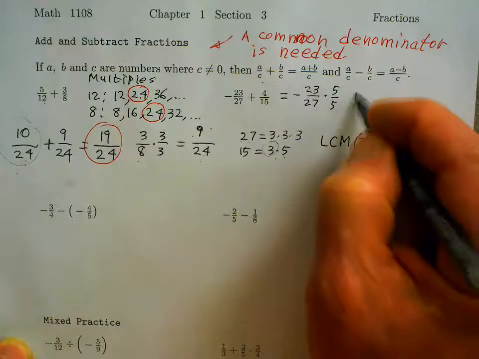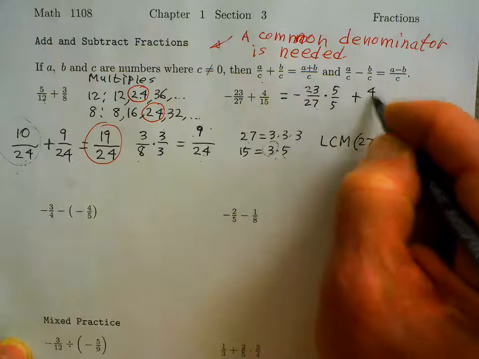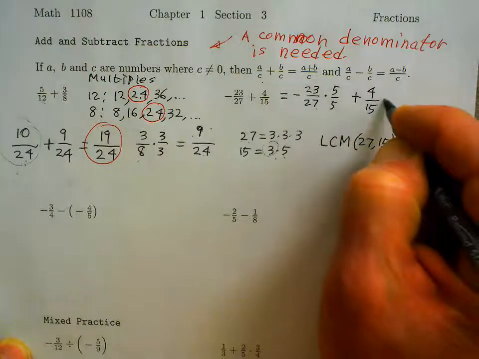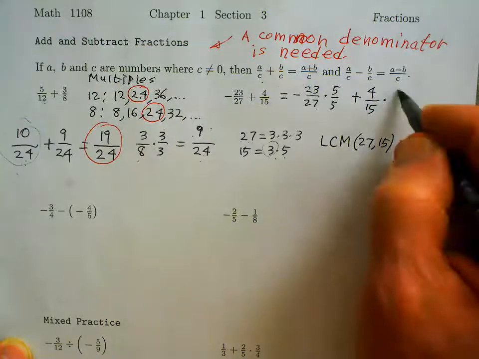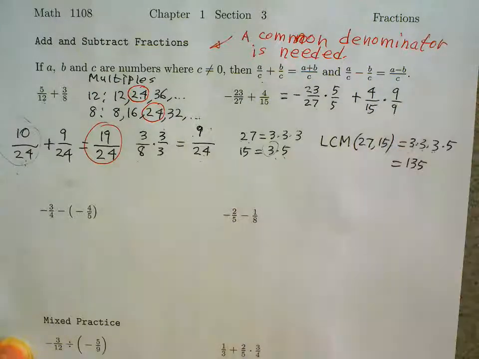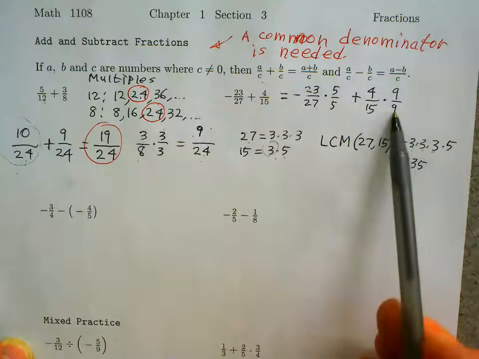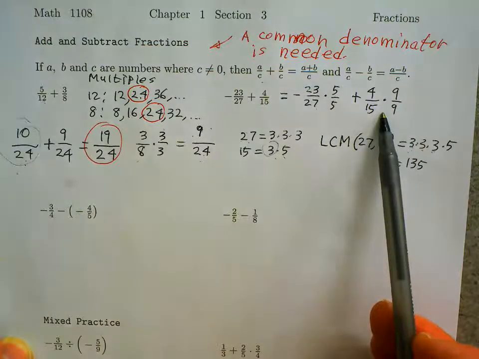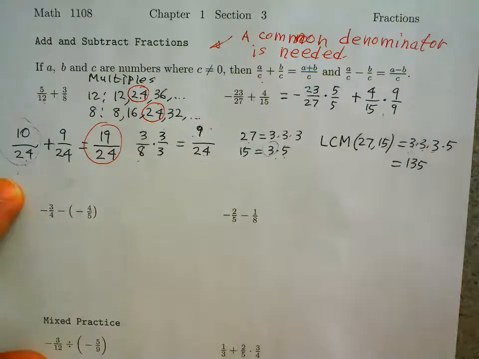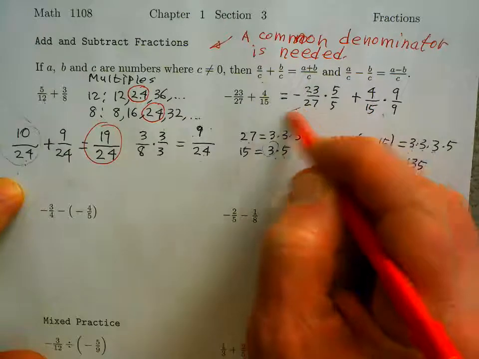For the other fraction, 4/15, we multiply this by 1 in the form 9 divided by 9. And that's because 9 times 15 is 135. So I'll continue this down here.